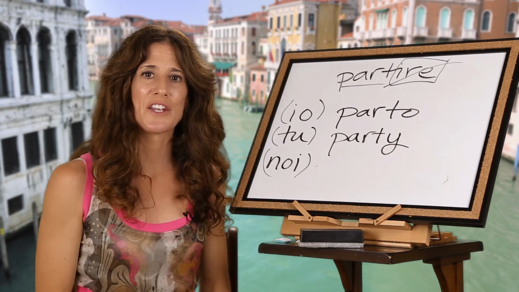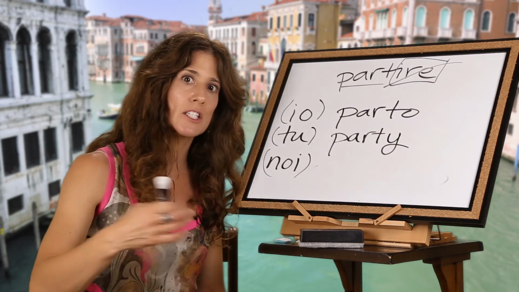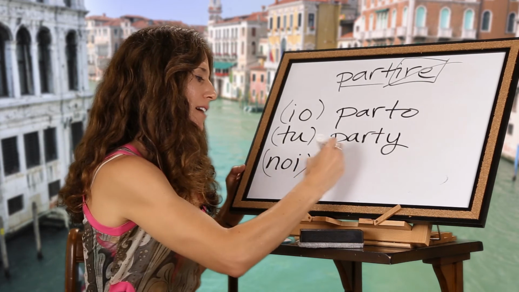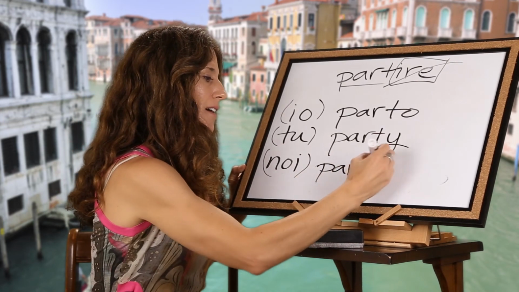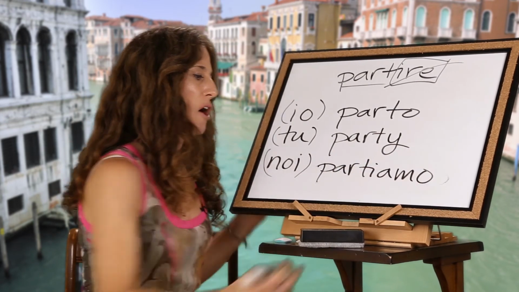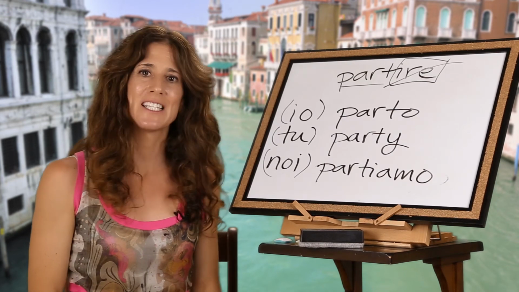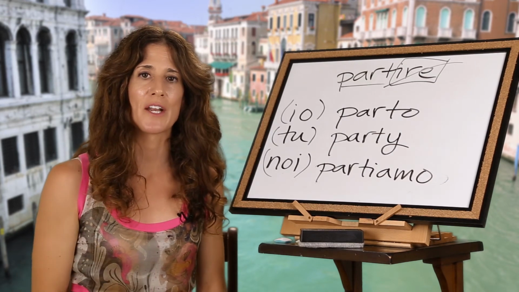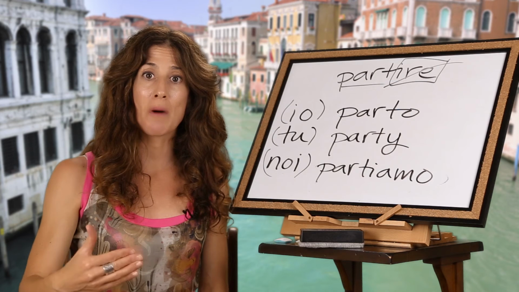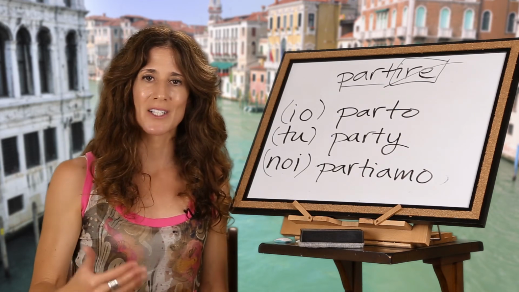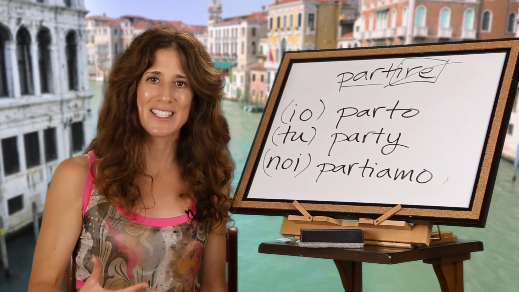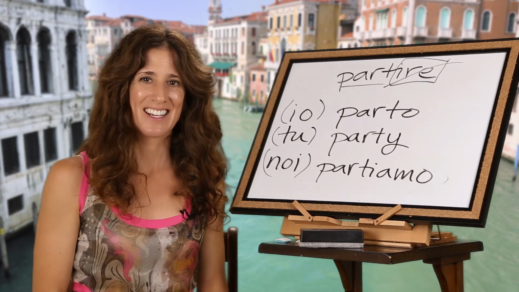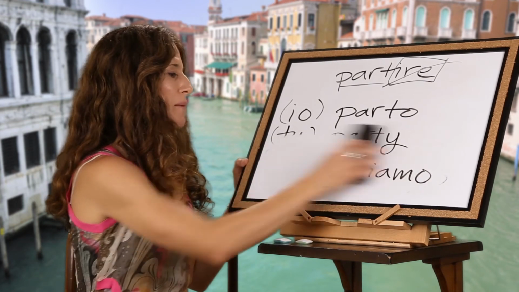Okay, and the last one, we are departing, let's depart, okay? Partiamo, partiamo, let's depart, or we are departing. One more time. Io parto, tu parti, noi partiamo. Che bravi, good job.